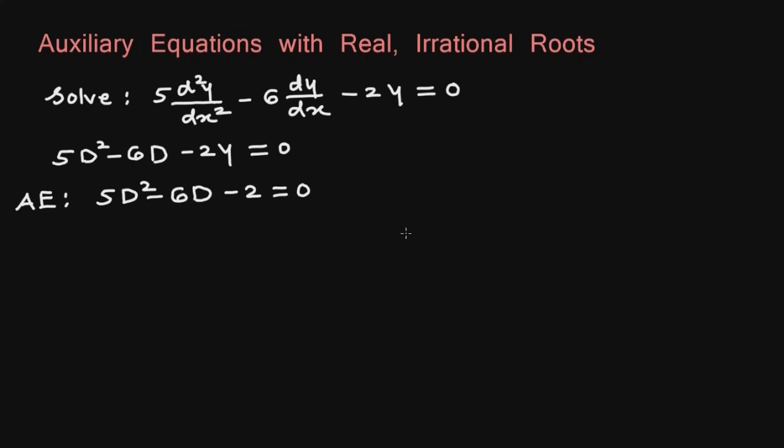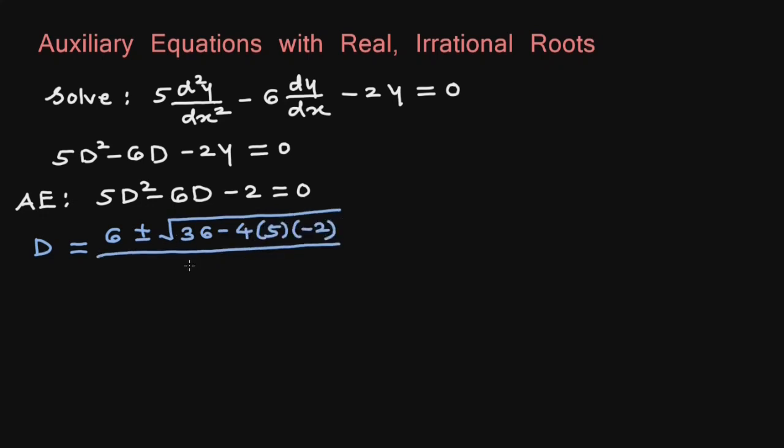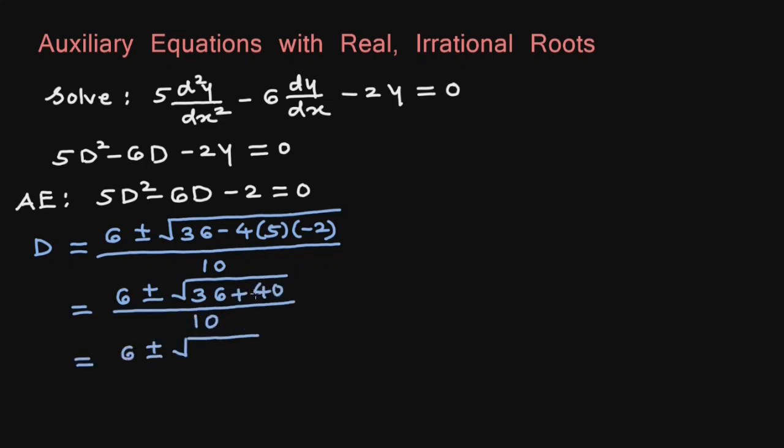This is a quadratic equation in D. By the formula method, D equals minus b, that is minus of minus 6, plus minus square root of b square minus 4ac, b square is 36, minus 4 into 5 into minus 2, upon 2a, 2 into 5 is 10. So D is 6 plus minus square root of 36 plus 40 upon 10, which is 6 plus minus square root of 76.